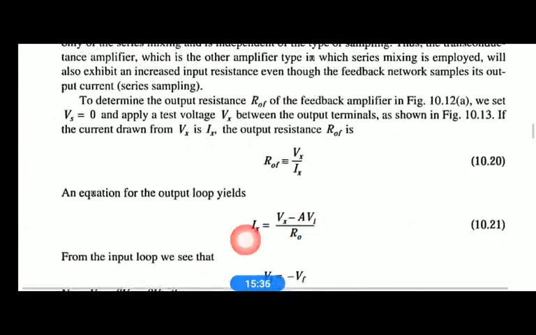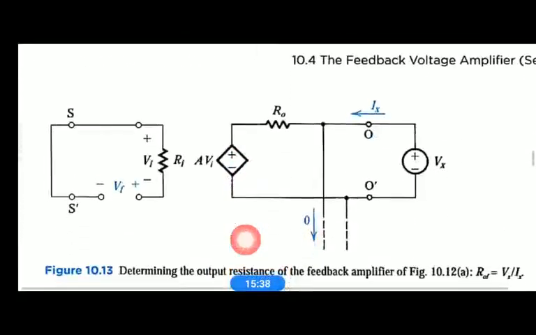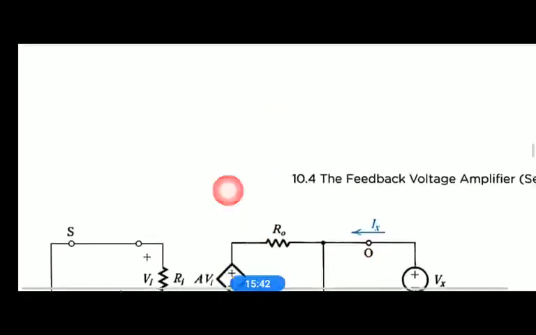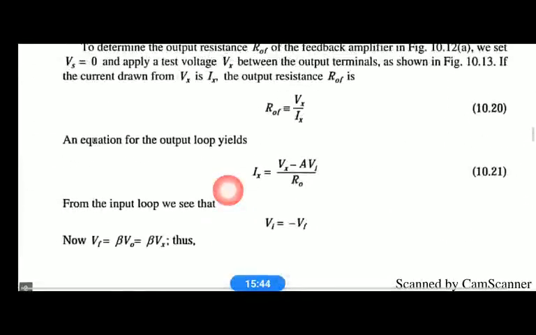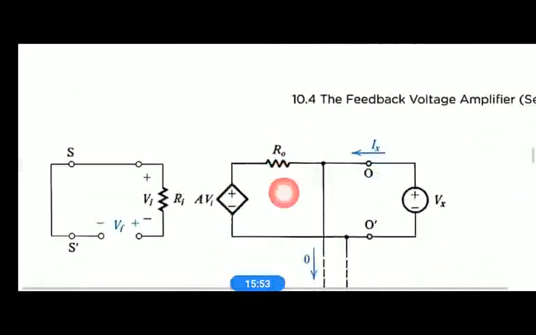Now we can write the current flow Ix, which is through R0 and AV1. So here Ix is nothing but Vx minus AVi divided by R0. Ix is the current flow through R0.